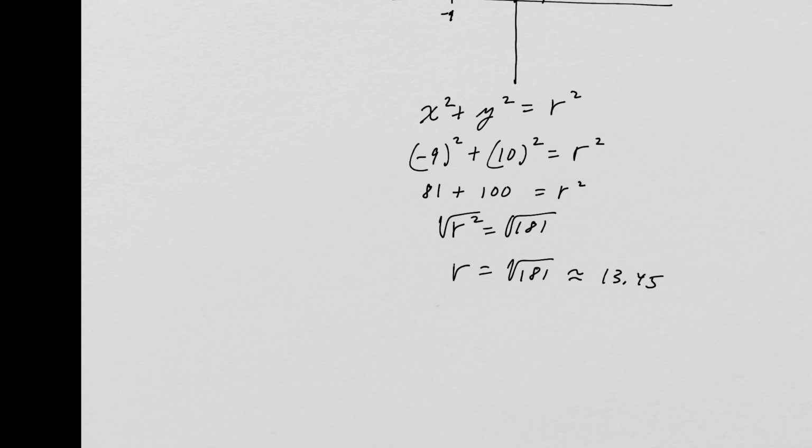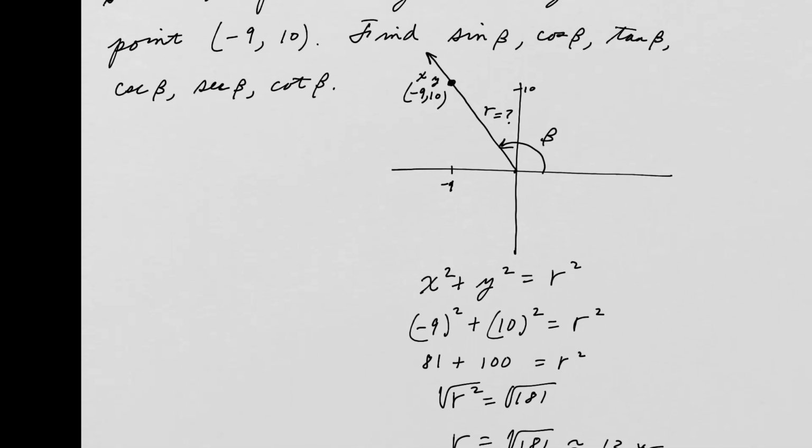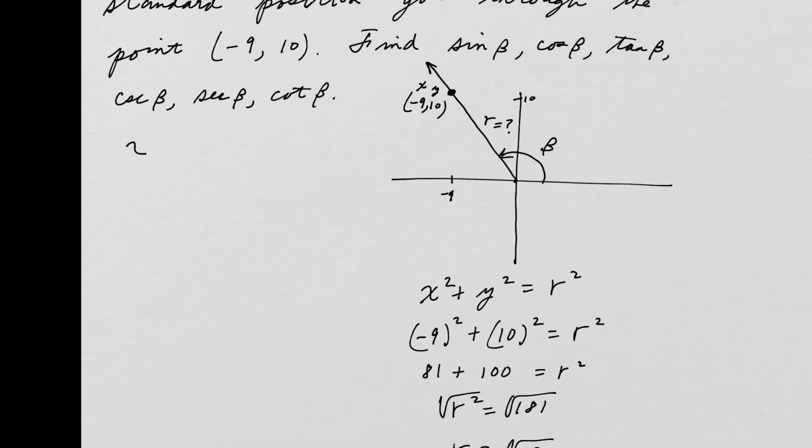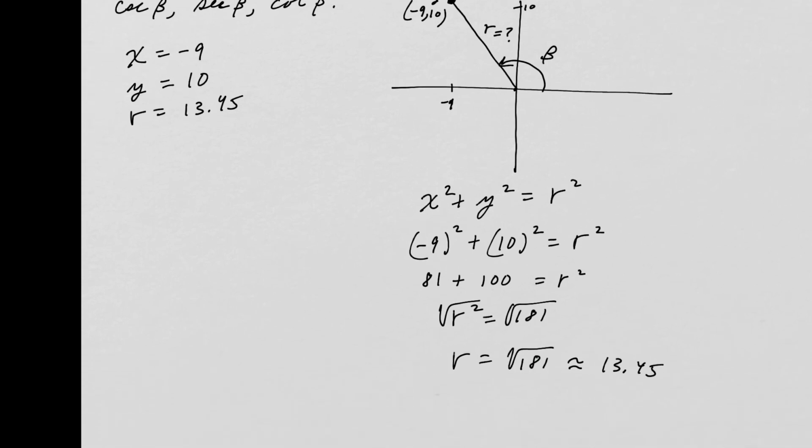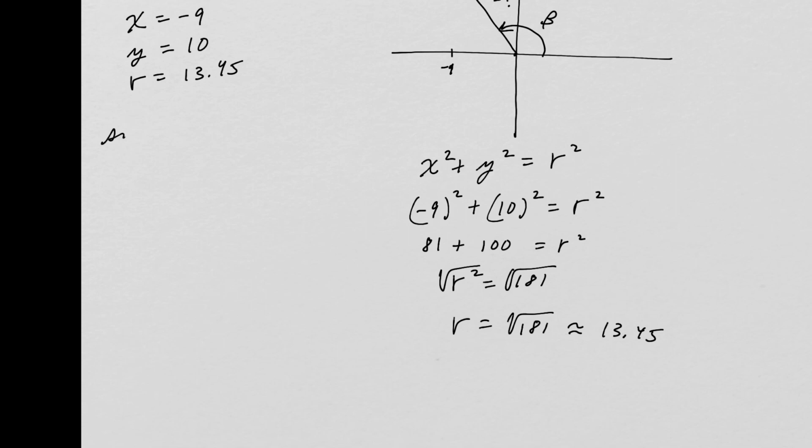Okay, so then all we do is we use the definitions again. So now we know, let me write it down here to clarify. We know x is negative 9, y is 10, and r is around 13.45. So if I want to find sine of beta, cosine of beta, tan of beta, cosecant of beta, secant of beta, and then cotangent of beta, I just use my definitions.